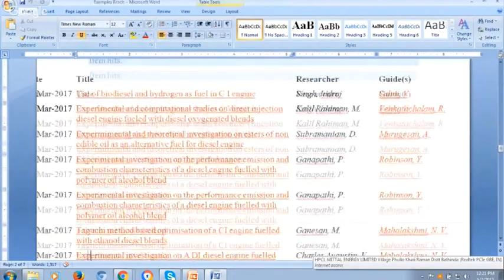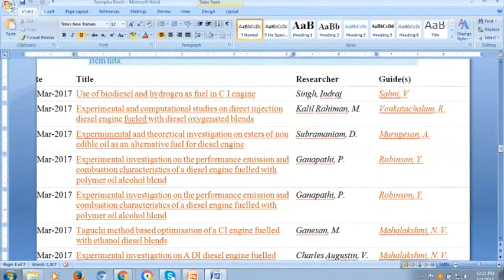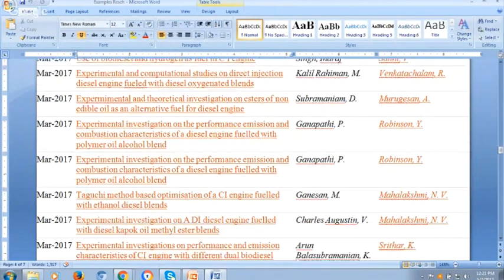Here you can look at, here use of biodiesel and hydrogen as a fuel in CI engine. Now when you look at these, the three terms which are important are biodiesel, hydrogen and CI engine. The search terms are very clear from the title or the problem statement which you have taken up.